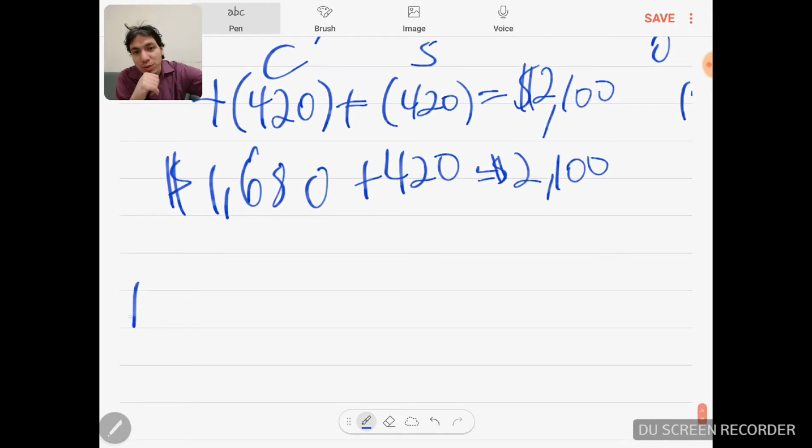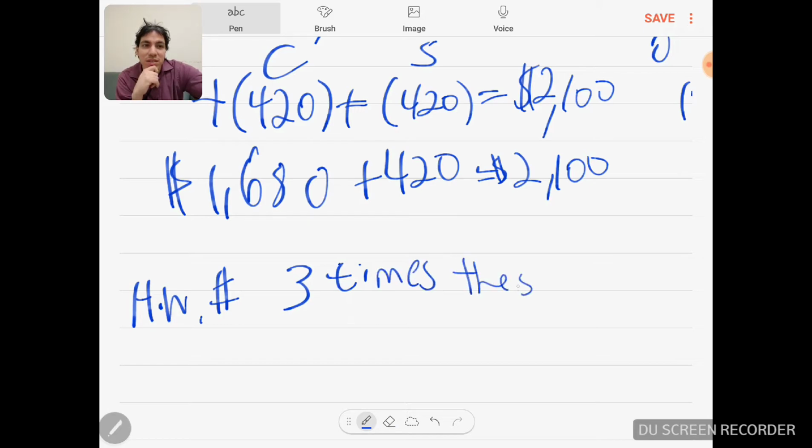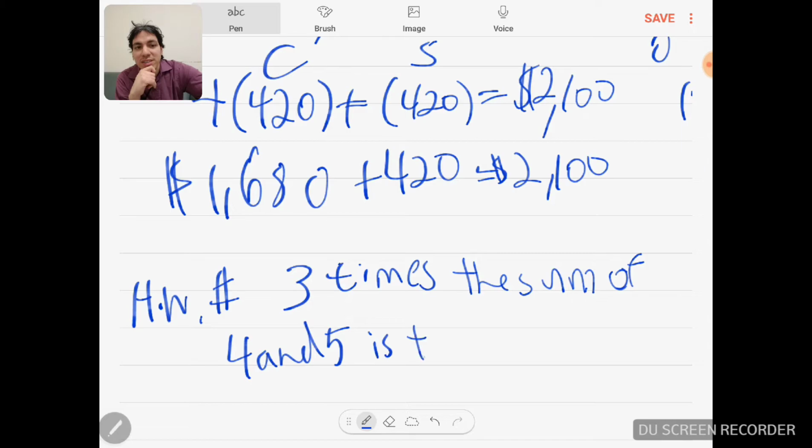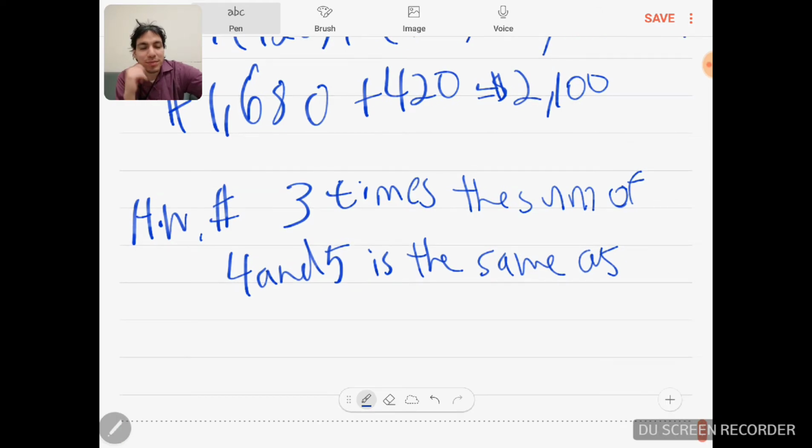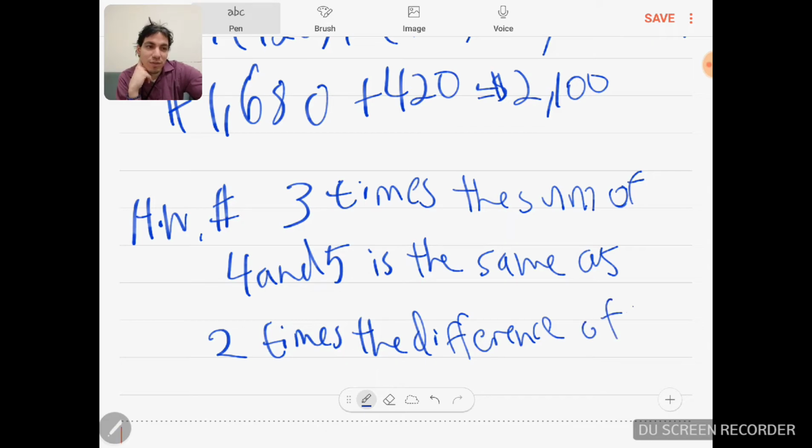So let me give you your one homework problem. I'll just say 3 times the sum of 4 and 5 is the same as 2 times the difference of 1 and 2.